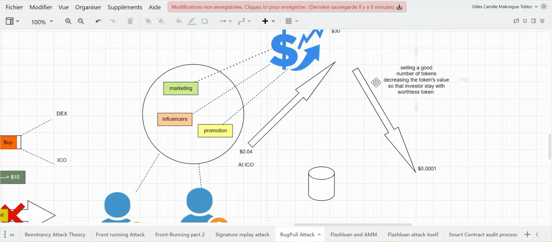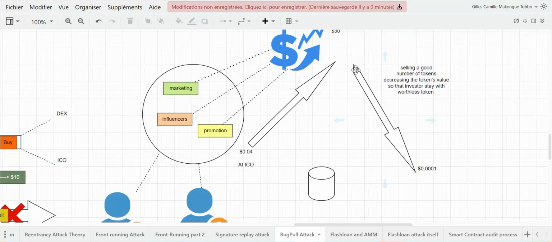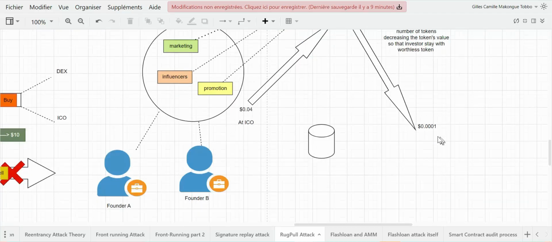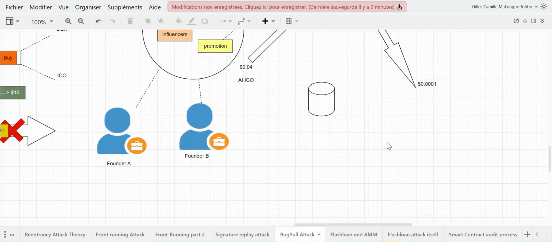And once you sell a huge number of tokens relative to the total supply, the price is going to come down drastically. Those investors who bought that crypto will still have that crypto, but the price will not be the same. This is how these kinds of attacks work.